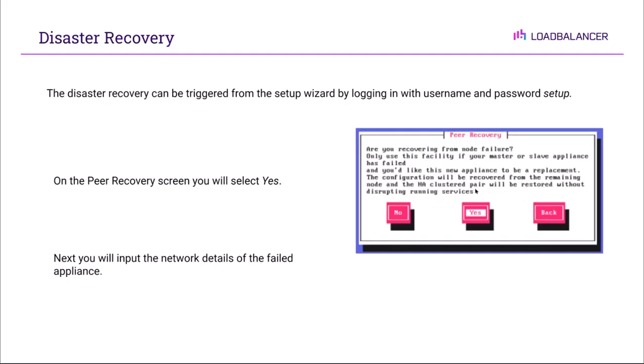So if we just talk about that for a moment. In some unexpected events, say a lightning hit your DC and the PSUs now need a replacement, you may actually end up in the scenario that you will need to replace the machine as well.